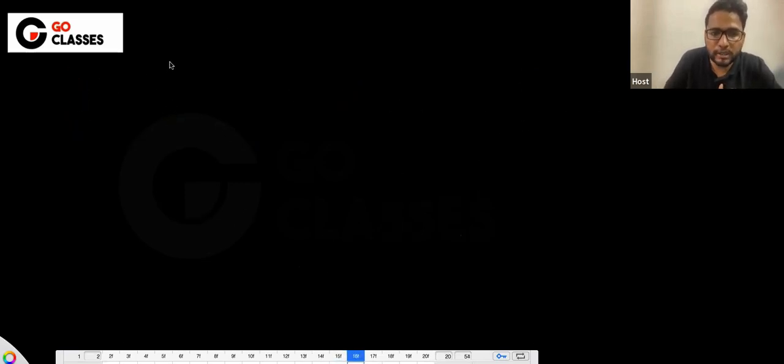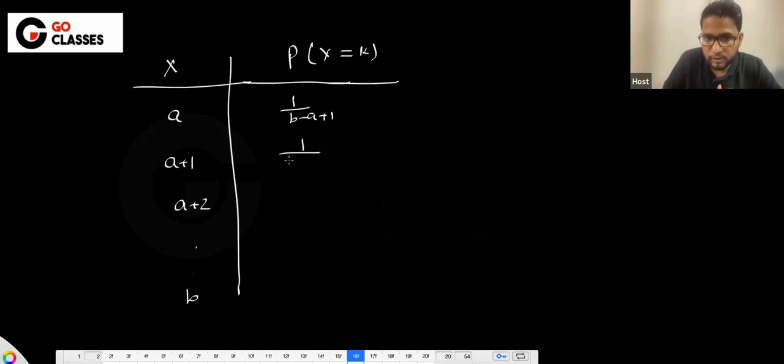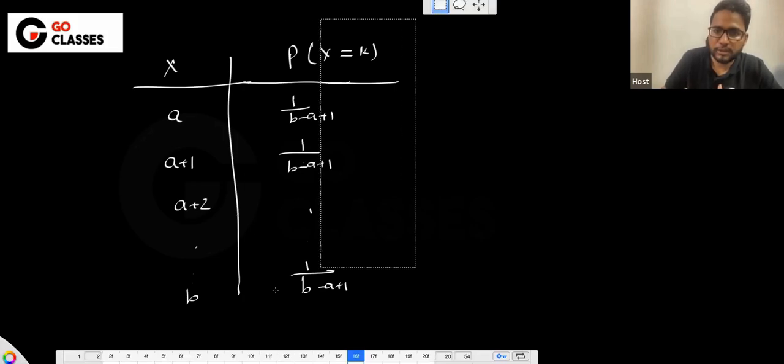You know that x can take different values, which are A plus 1, A plus 2, like that till B. If I ask what is the probability that x is some value, maybe k, you will say this probability is 1 upon B minus A plus 1. Similarly, every probability is 1 upon B minus A plus 1. Now, can you find the expectation? I think it's not tough. Let's just do it.